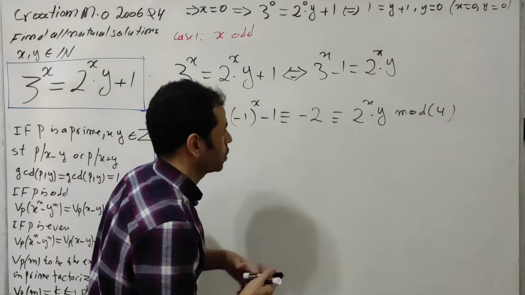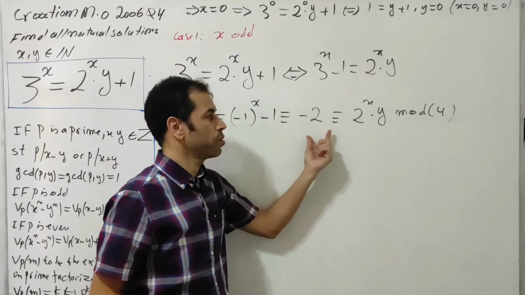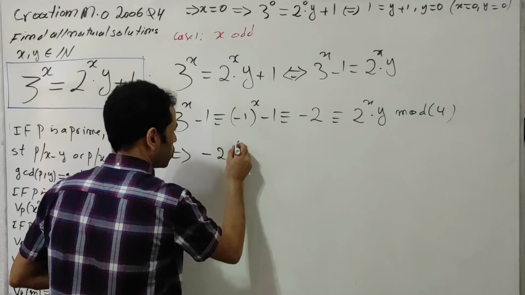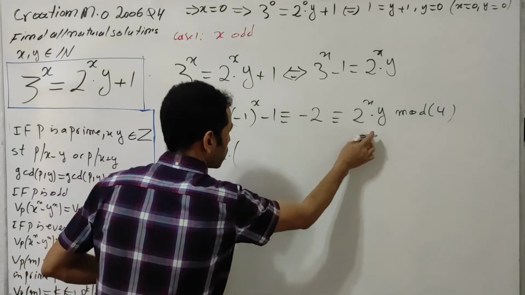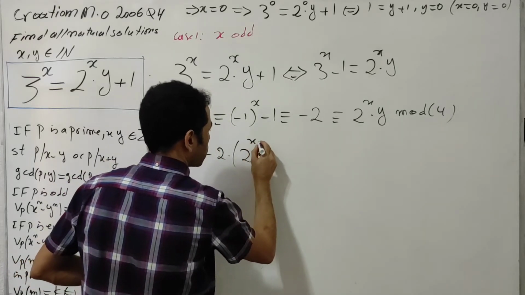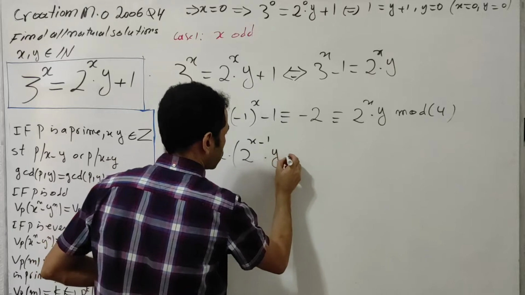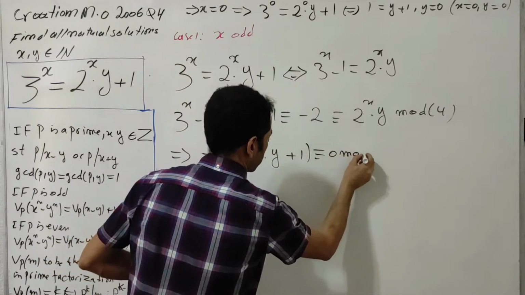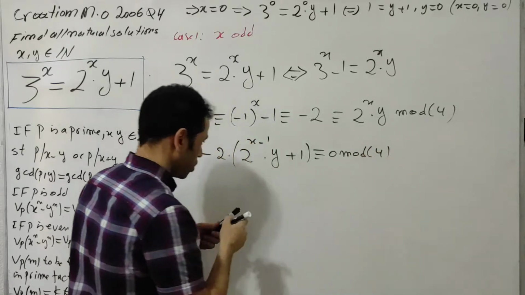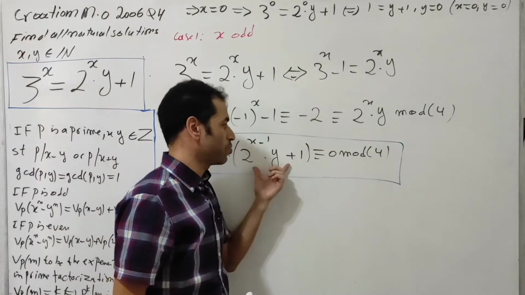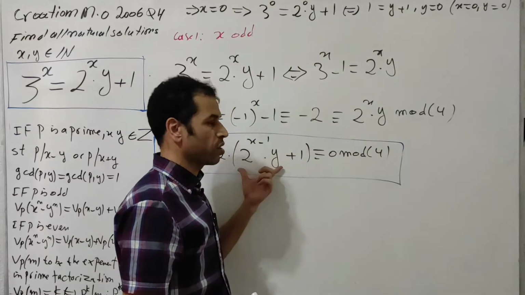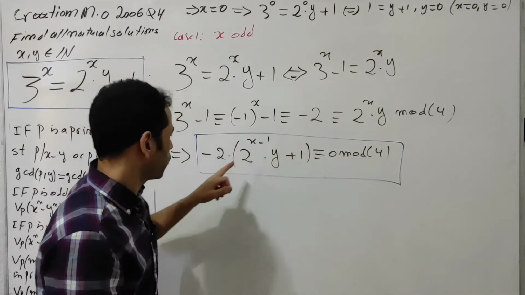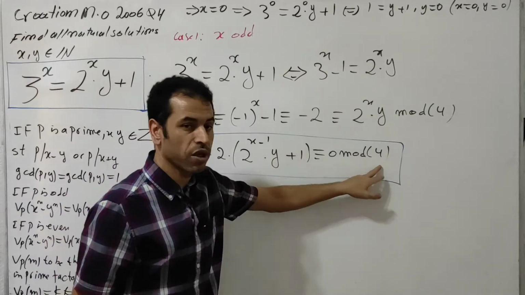Okay, by taking this one to the left hand side and making number 2 a common factor at the same time, we'll have minus 2 multiplied by 2 to the x minus 1 multiplied by y plus number 1 is congruent to 0 mod 4. So now this expression is telling us 4 divides this product. But 4 does not divide number 2 because 4 is bigger than 2.